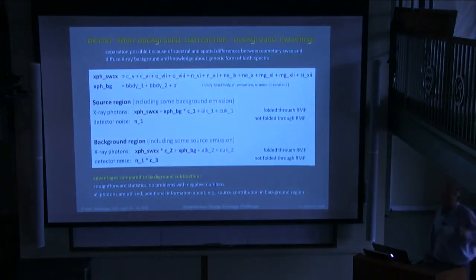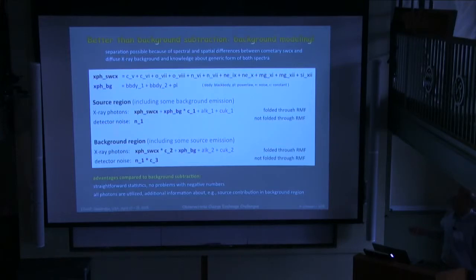Rather than subtracting the background, try to model it. So if we have a model for our source, in this case for charge exchange, and for the background, the diffuse X-ray background, we know from the ROSAT all-sky survey that it can generally be fairly well described by a superposition of two black bodies plus a power law. Then we can set up the following equations for the spectral fits.